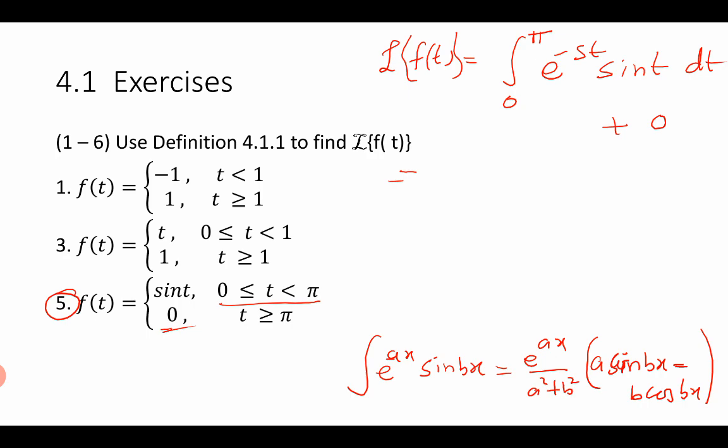Here remember, the integration variable is t, so x is t here. The a is negative s, and b is 1, the coefficient of t in sine.